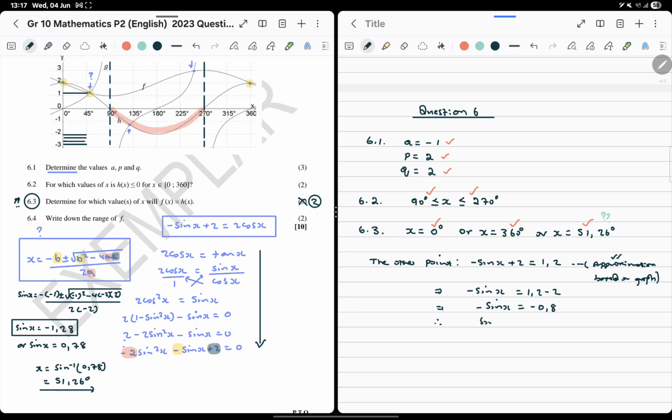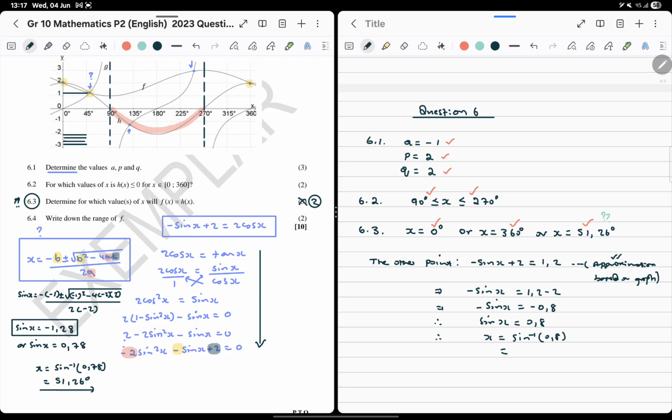So therefore, sine x is 0,8. Therefore x is going to be arc sine 0,8. This is quite valid for grade 10s. Arc sine 0,8 gives us a different angle now.